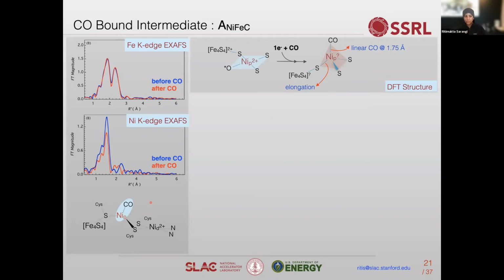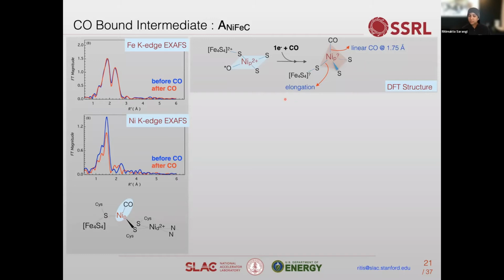What has bound and what is its distance, right? We then turned to DFT methods, which actually showed, oh, I should go back here and say that the XAPs also showed that one of the nickel sulfur distances had elongated, but we didn't know which of the nickel sulfurs, right?